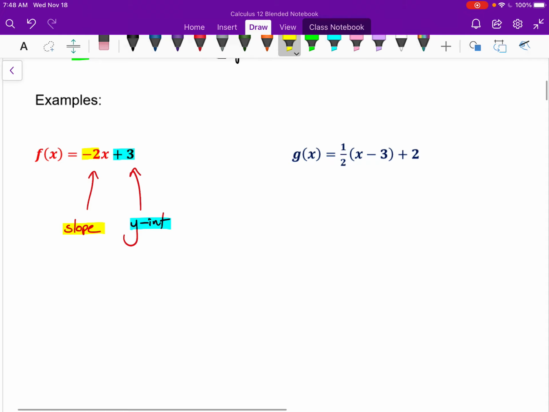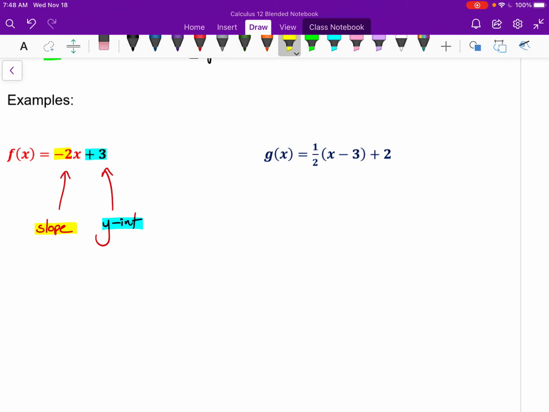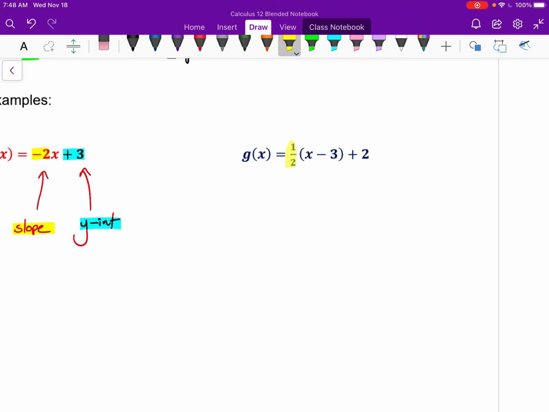And then for my other example, which is in slope-point form, there's a slope of 1/2, but this minus 3 and plus 2 tell me that not only does this line have a slope of 1/2, it tells me as well, I know this line also goes through the point positive 3 comma positive 2.